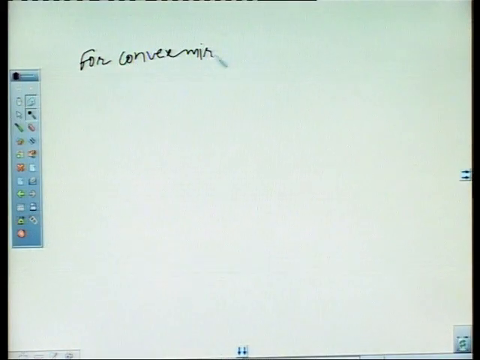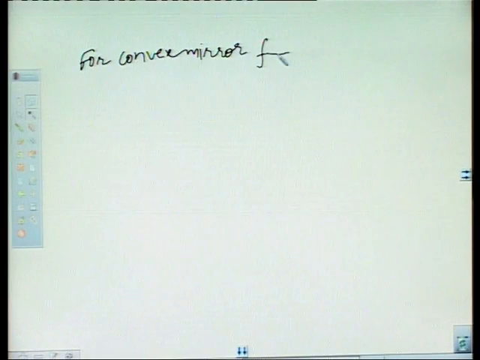Now the next is the sign convention. For convex mirror, f is positive, u is negative, and v is positive.